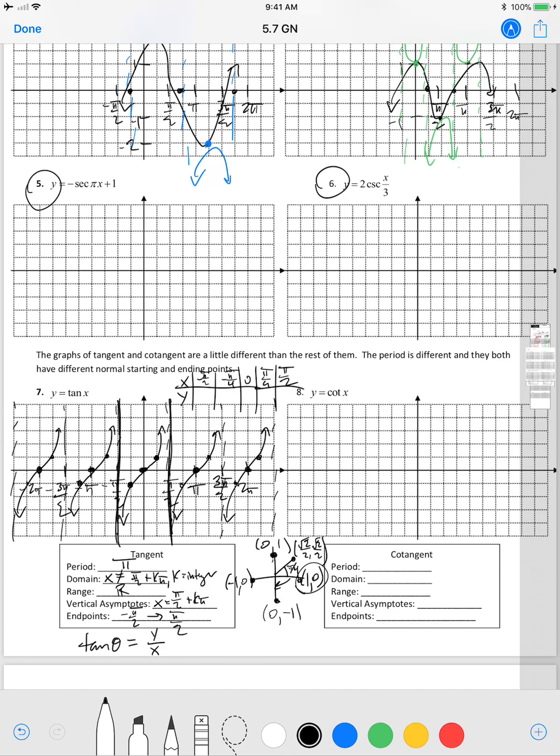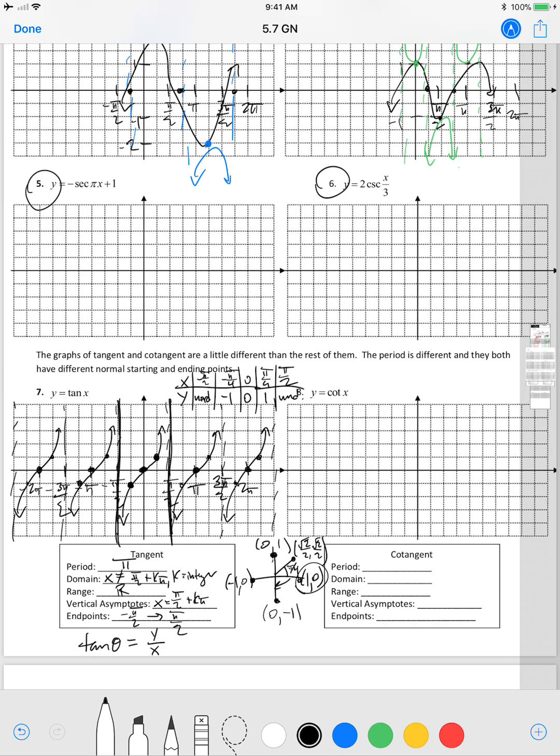And then at those endpoints, I'm undefined. At negative pi over 4, that was negative 1. At positive pi over 4, that was positive 1. And then at 0, I'm 0. So that is my table for the tangent function.